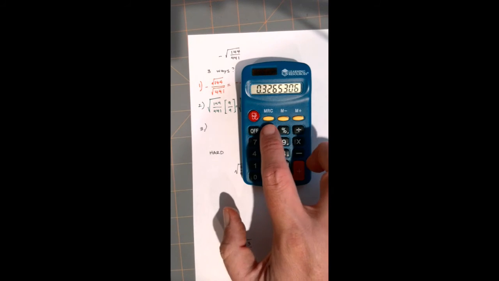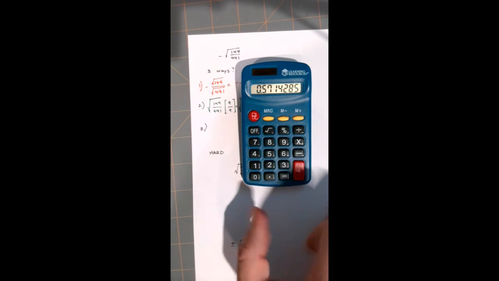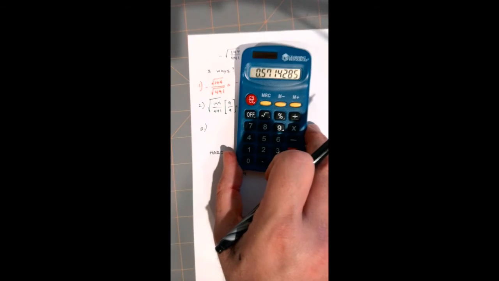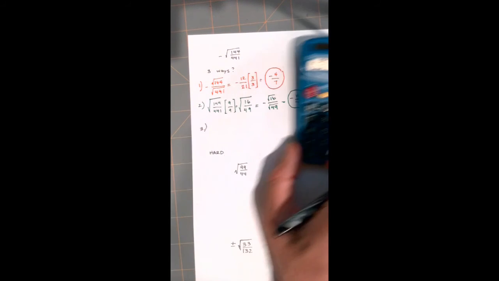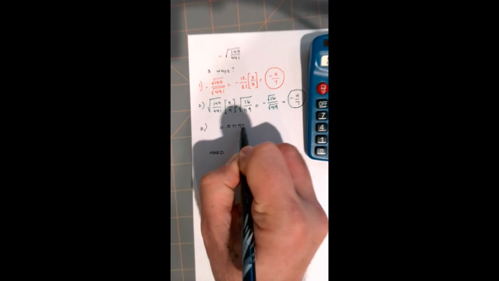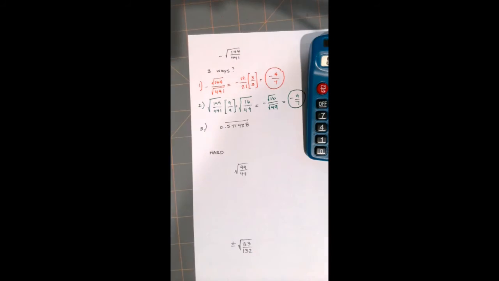And then I hit the square root button. And so if you do that on your calculator, you get 0.571428, with a repeating bar over it.